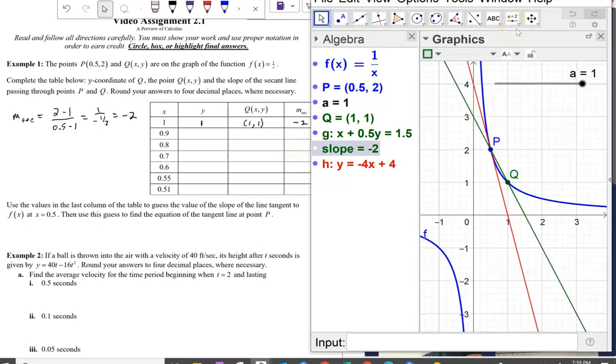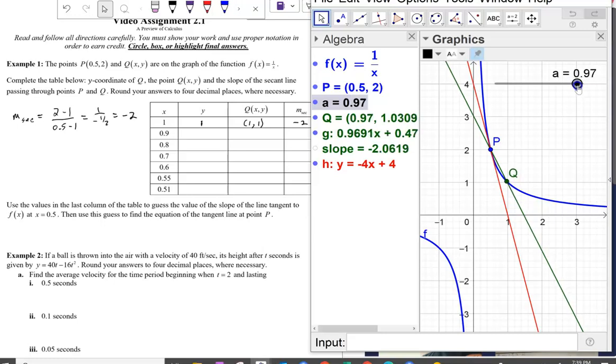Now we're going to repeat this process for x values getting progressively closer to 0.5. So first we're going to try x equals 0.9. If I take my point Q and move it so we are at x equals 0.9, we now have this line here. And I've got GeoGebra here already doing all the calculations for us.